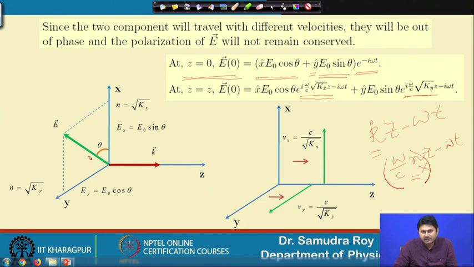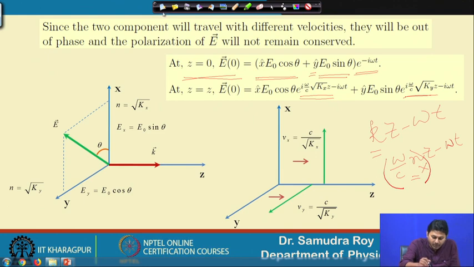So the phase will be different for these two components, and this phase mismatch leads to non-conservation of the polarization. So the polarization of this E vector will be changing, the orientation and all these things will be changing, once the y and x components move at different speeds.